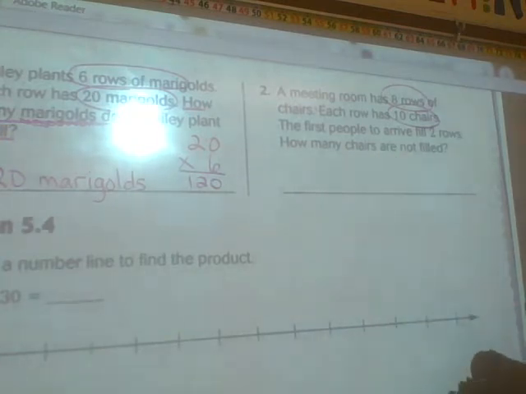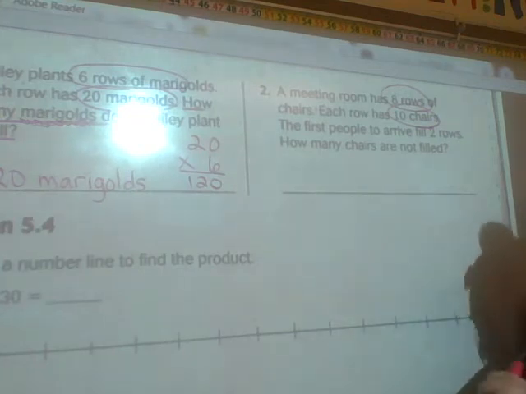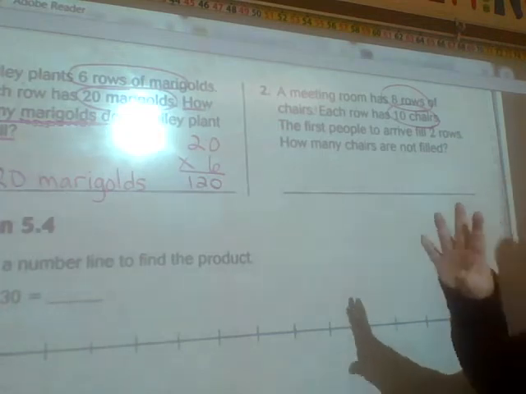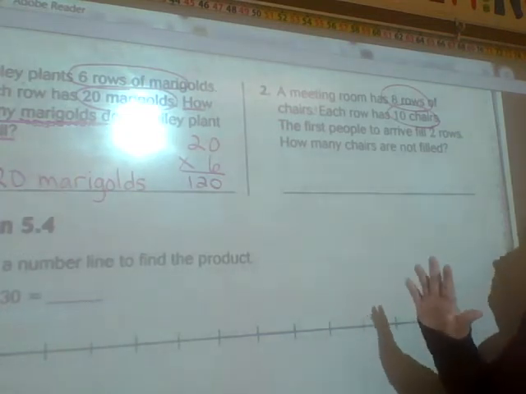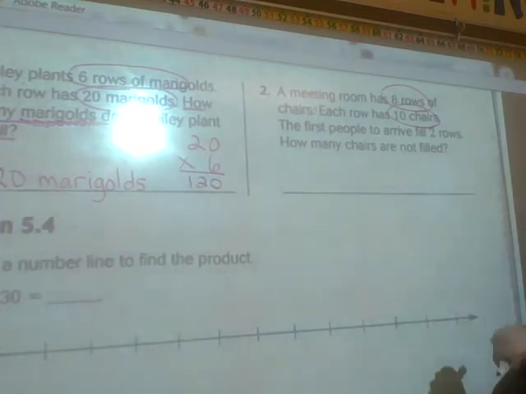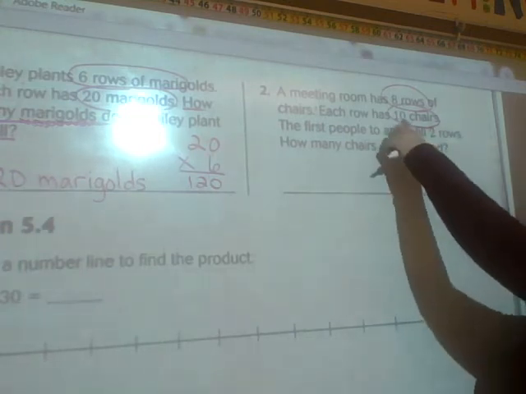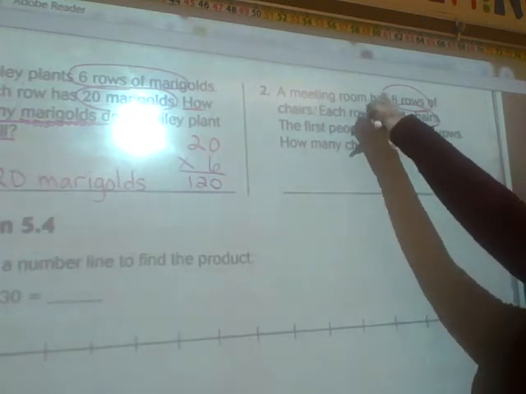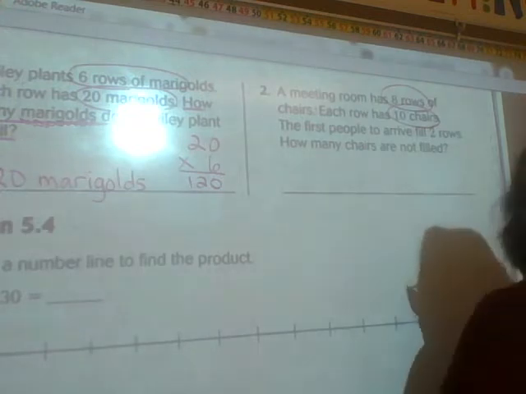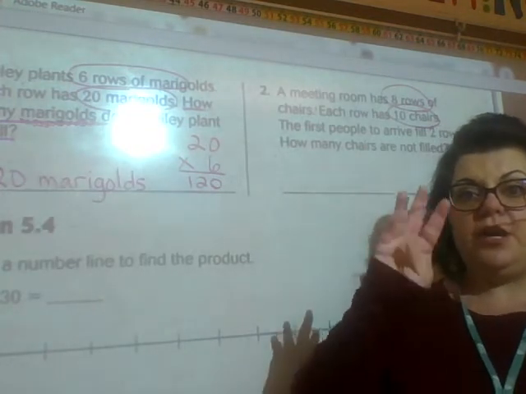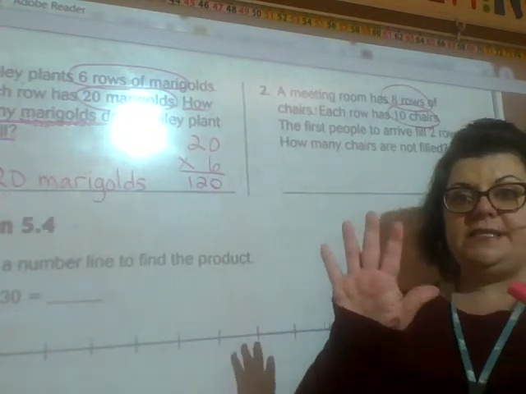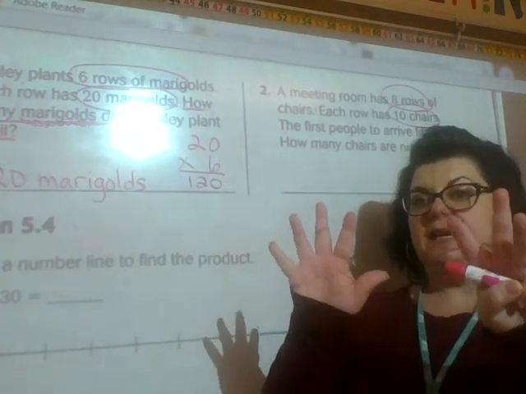Well, let's count by tens. 10, 20, 30, 40, 50, 60, 70, 80, 90, 100, right? That would be if we counted 10 times. But how many times are we counting 10? We're counting it 8 times. So 10, 20, 30, 40, 50, 60, 70, 80.